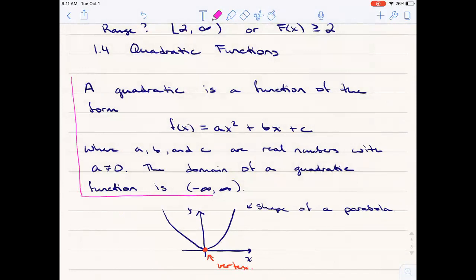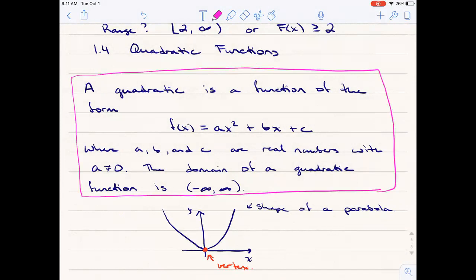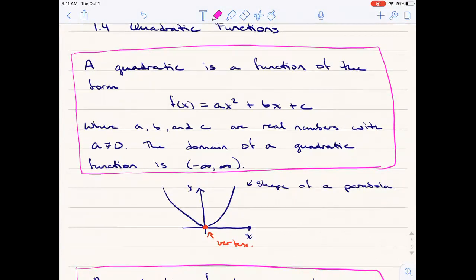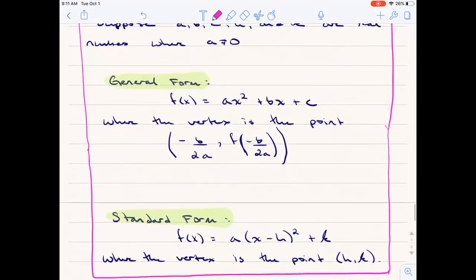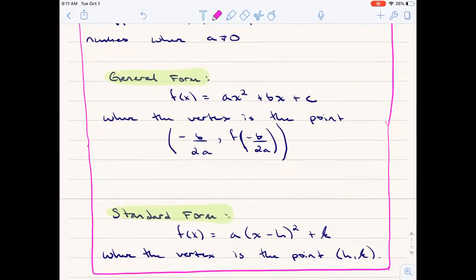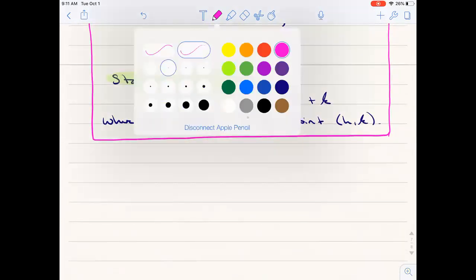Everything's squared up here. So we already know how to find the vertex. Okay. Let's talk about some other properties if we had to sketch a graph.